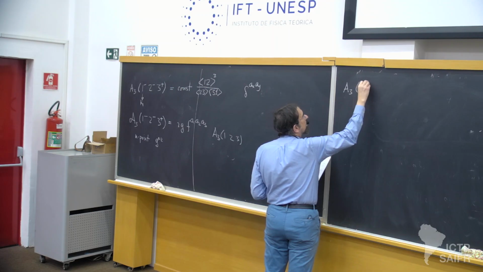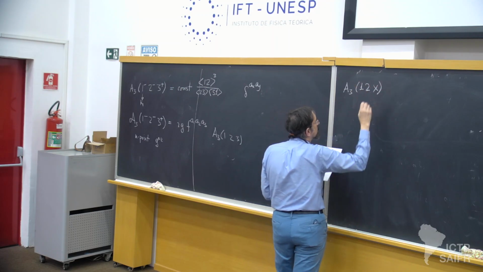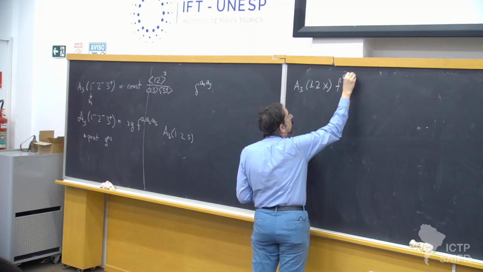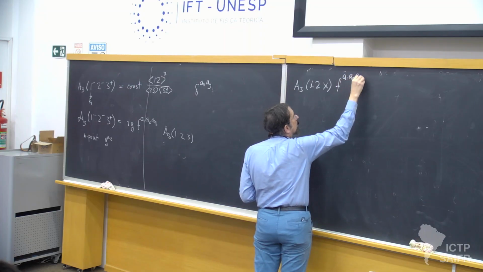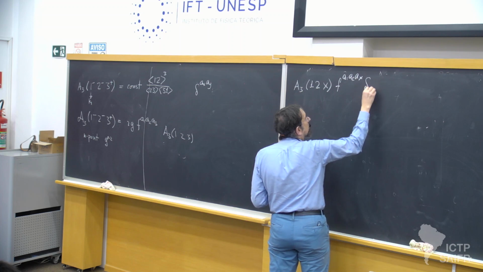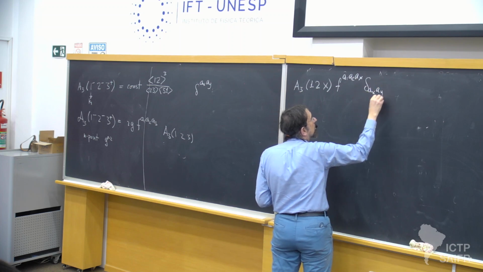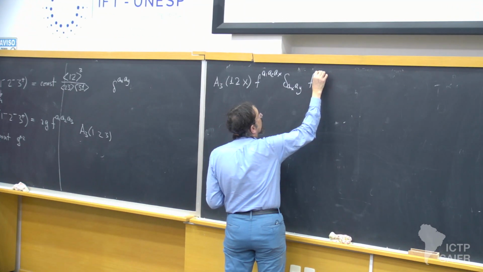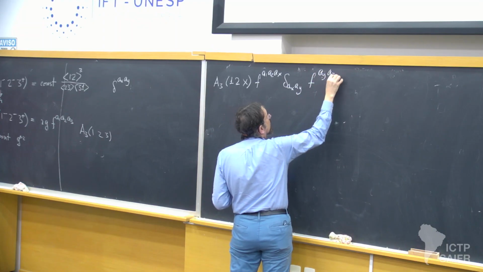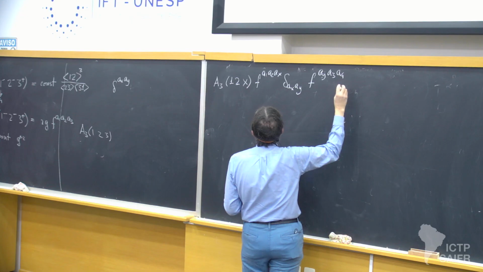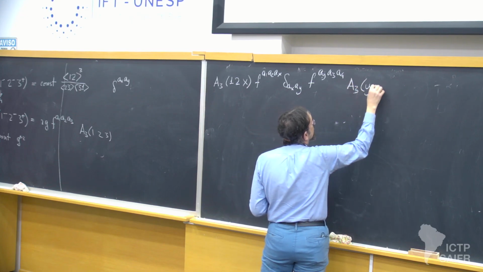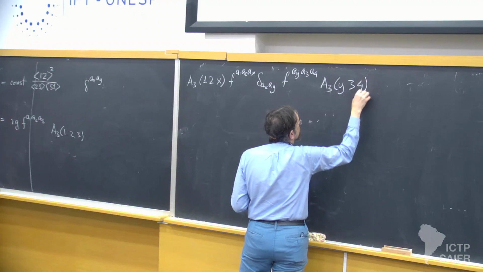So we're going to have 1, 2, and x is some leg that's going to be sewn together. There's going to be an f, a1, a2, ax. And then we have a delta. And then we have ay, a3, a4, and another 3-point amplitude y, 3, 4.